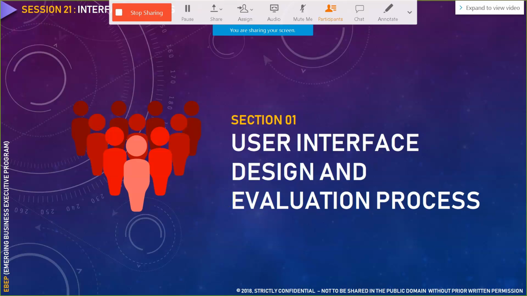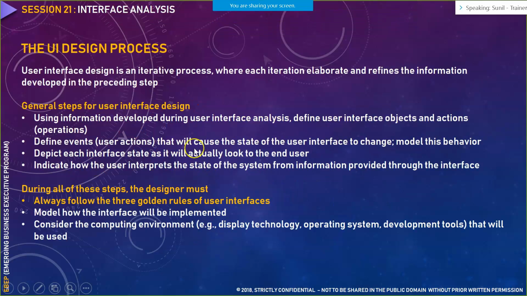Now, once you are done with all your analysis, like the user profile analysis, the task analysis, then your work environmental analysis, you need to do your user interface design and evaluation process, wherein you would be identifying whatever you have designed so far, whether it meets the expected results or not.